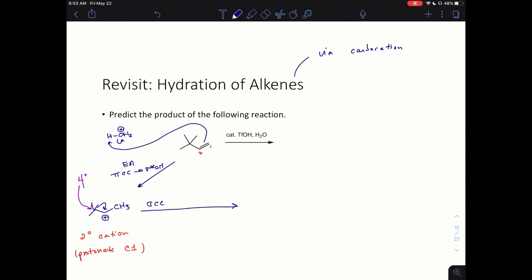The electrons in that sigma CC bond fill up that empty p orbital on the cation. So this is a carbocation rearrangement, a methyl shift to be specific. And as you recall, that occurs to generate the more stable tertiary cation.